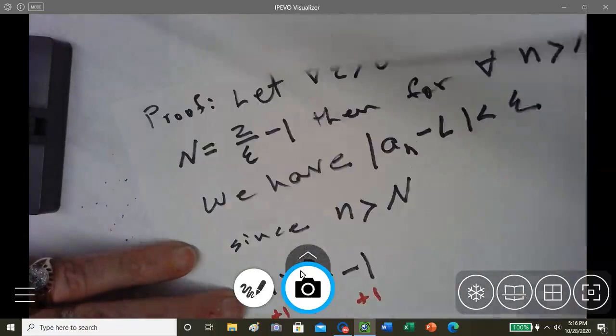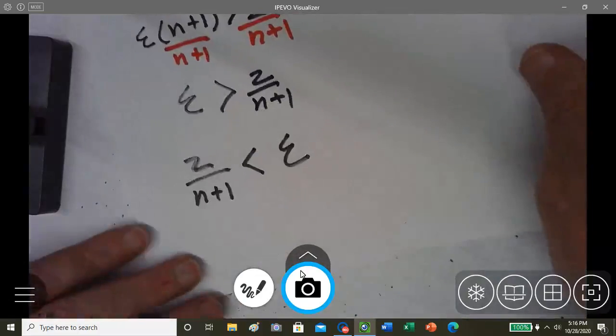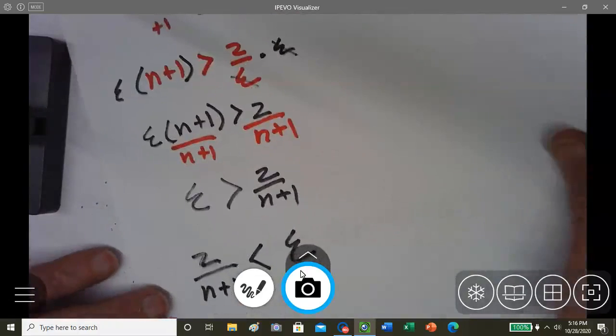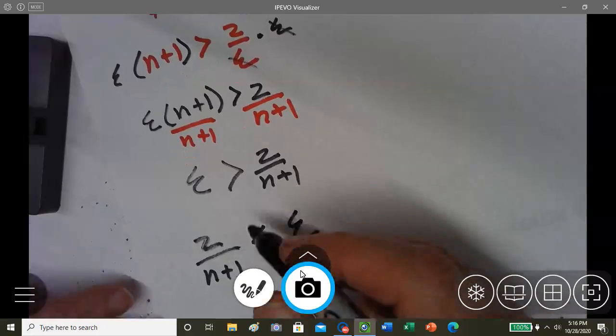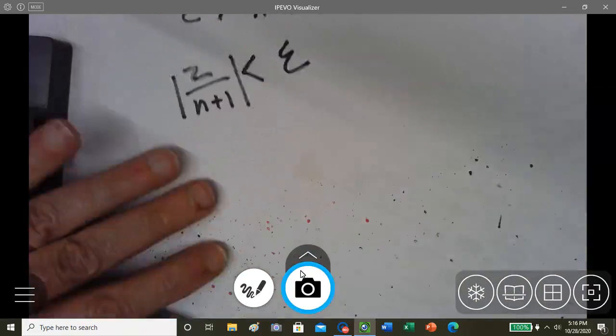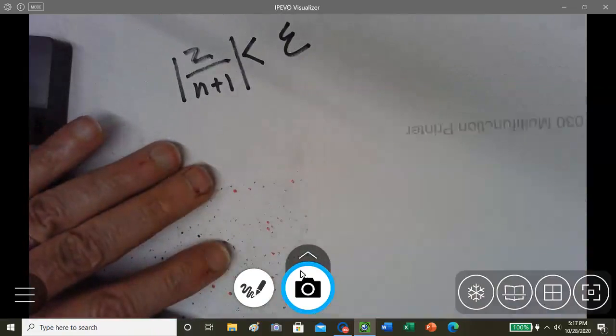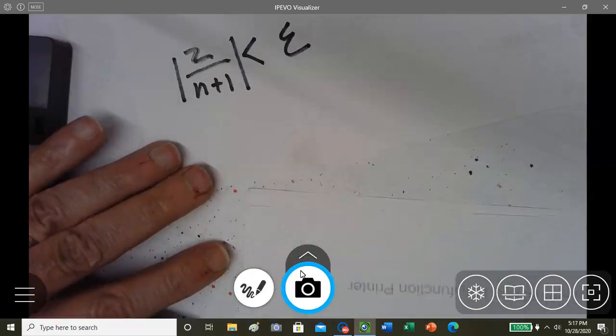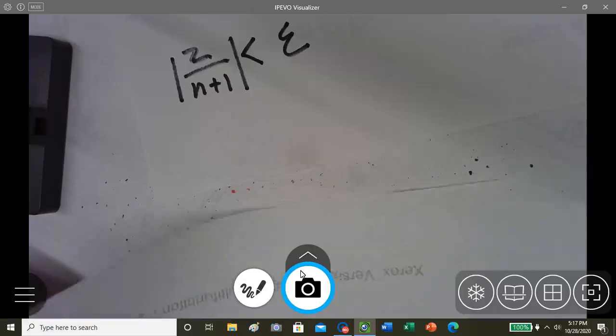So at this point now we can go ahead and put our absolute values back in there, because that is the same as our absolute value since it's already positive.